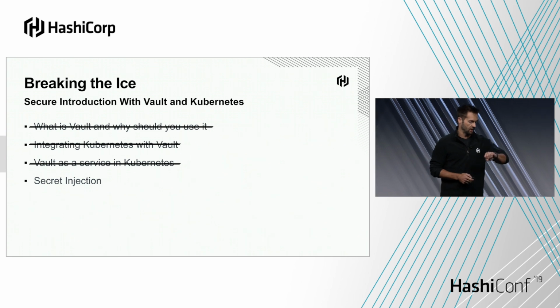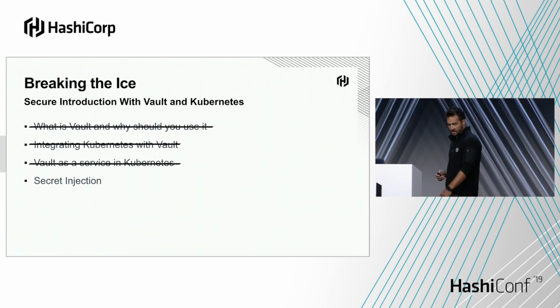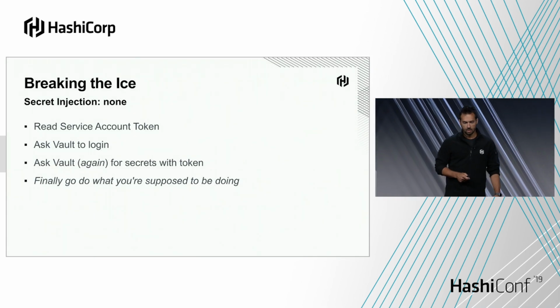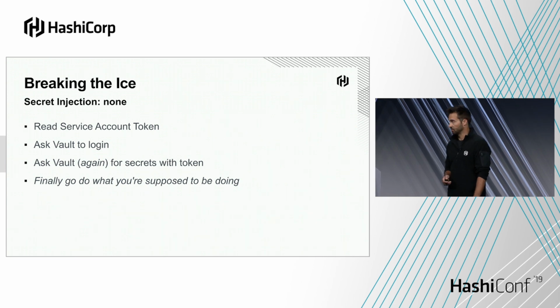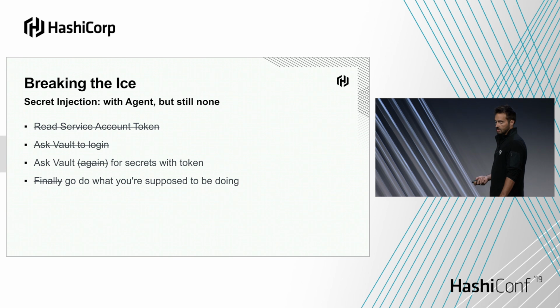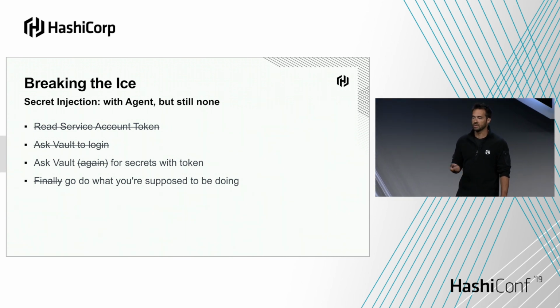All right, so Vault as a service in Kubernetes. Let's talk about secret injection. I do not have a lot of time, but we'll talk about it. So what is secret injection, right? If we review here, this is what you had to do at first: you had to read the token, you had to ask Vault, you had to do these things. Then with Agent, we did a lot of that for you, but we still left more.